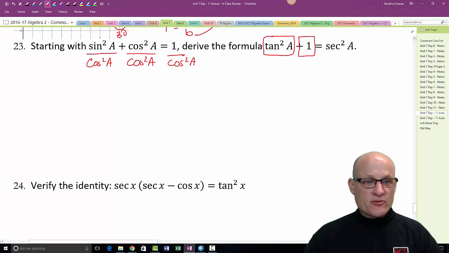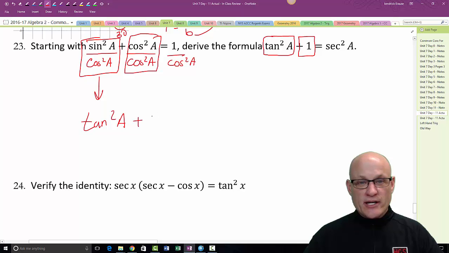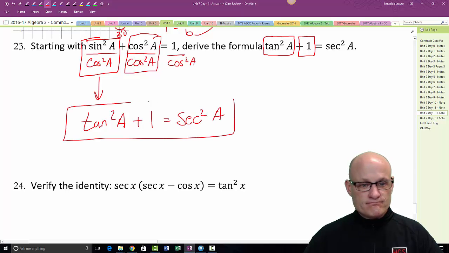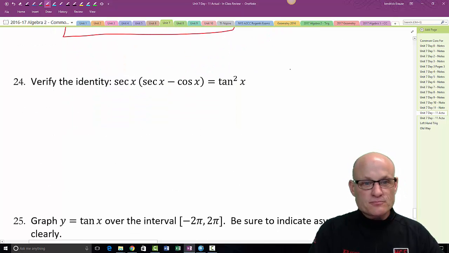Well, if I divide this by cosine squared a, I end up with tangent squared a plus cosine squared a divided by cosine squared a is 1. And 1 over cosine squared is secant squared a, which is what we wanted. There we go. That's all she wrote.